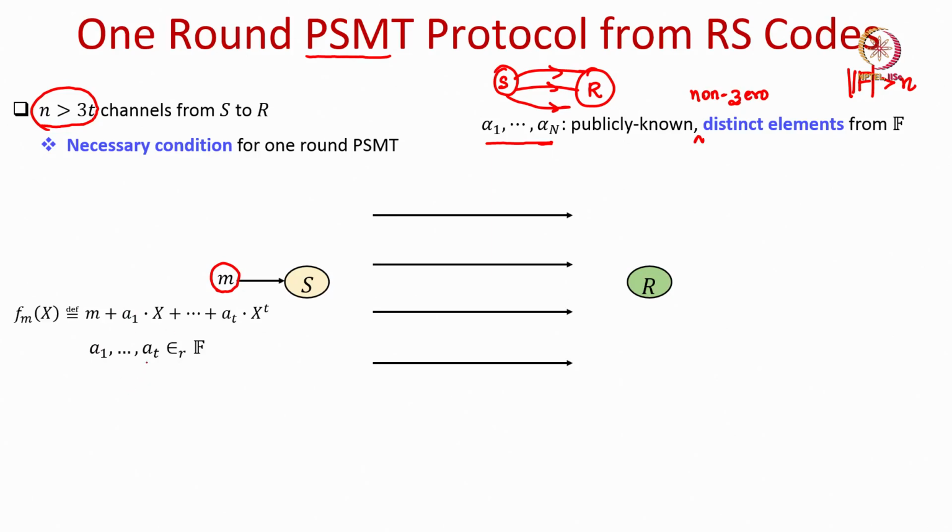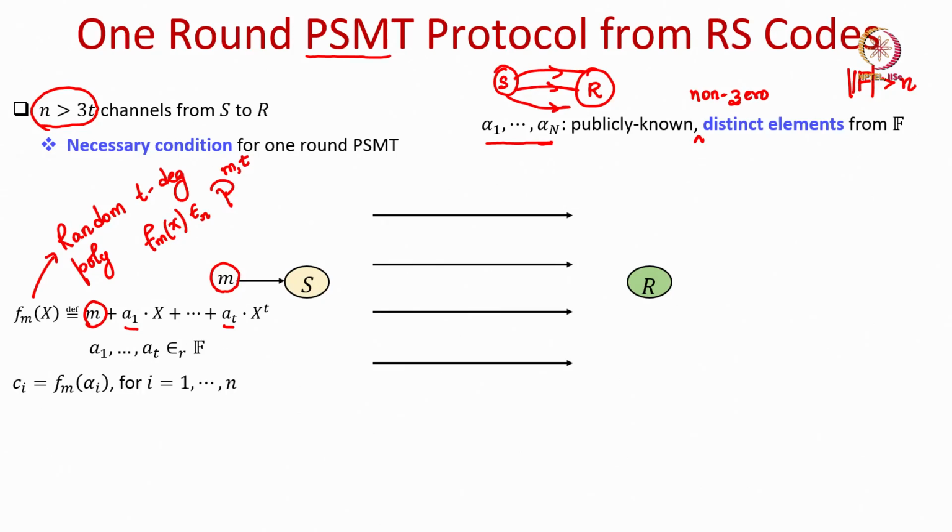It picks a random degree t polynomial whose constant term is m and whose remaining coefficients are randomly chosen from the field. Basically, the polynomial f(x) is a random element from the set of all polynomials of degree t whose constant term is m.